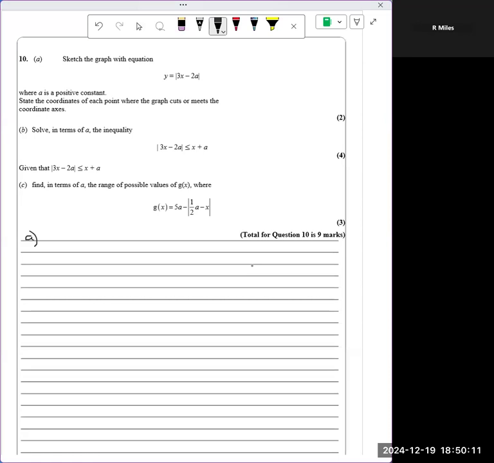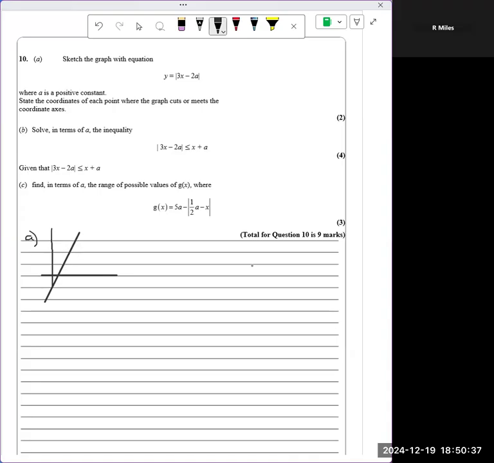If you need to, sketch the regular function first without the modulus. That's not it. So a couple of axes, and it's just going to be a gradient 3 with a negative y-intercept.